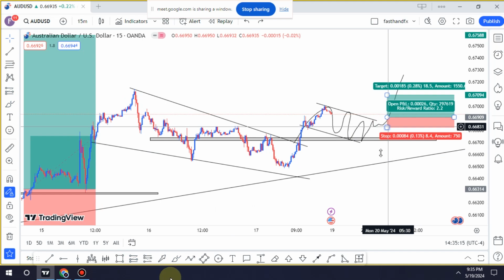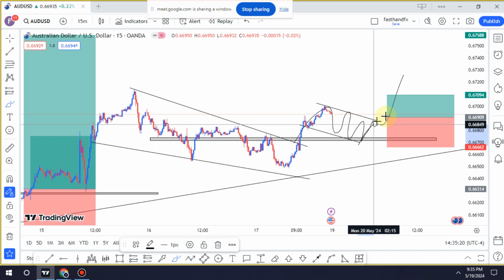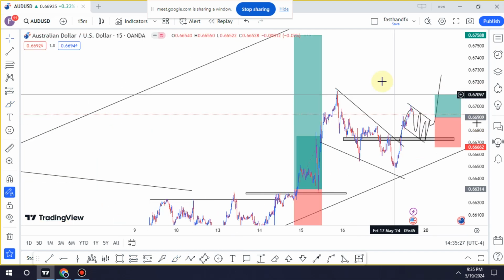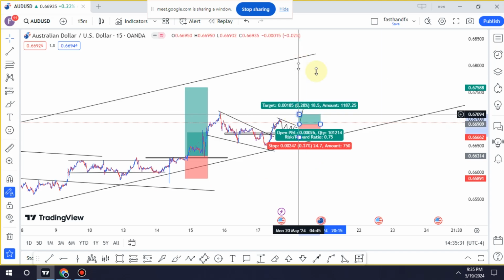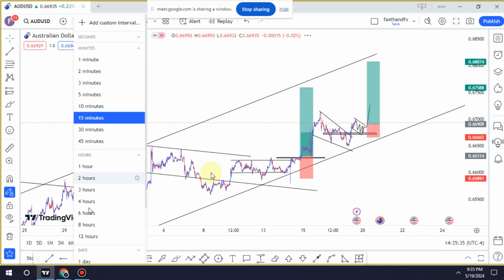Let's just have it right here. And if it breaks with an impulse, anticipate a smaller version, then we execute. So AUD/USD, I think I'm going to have this on my watch list, then of course target this one. It is looking good, so we just have a signal actually for next week's trades.